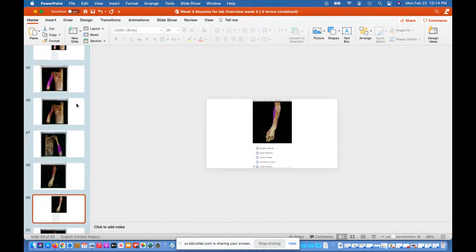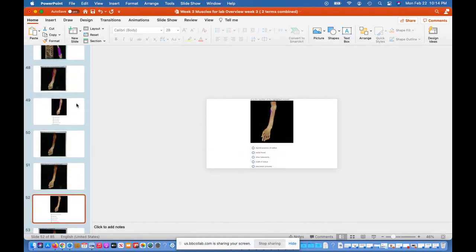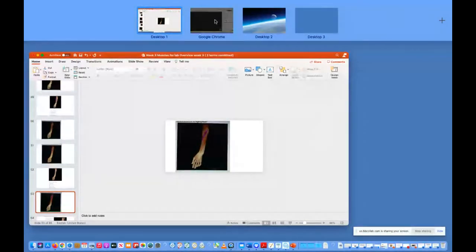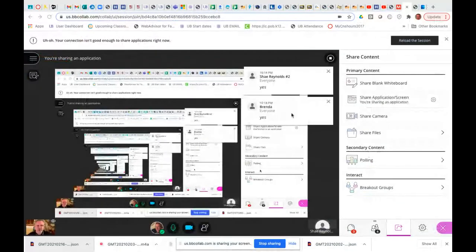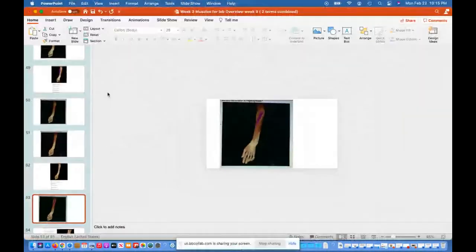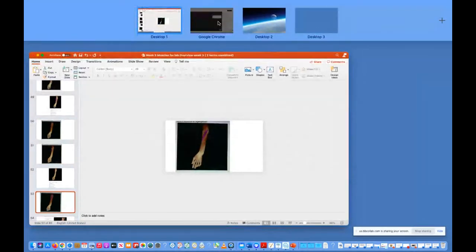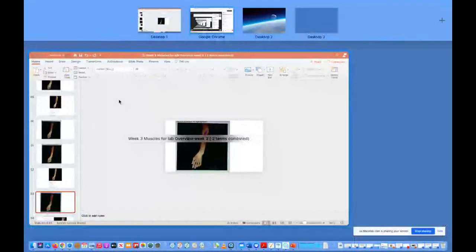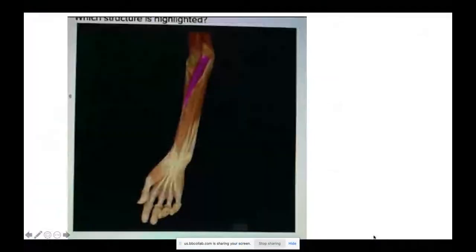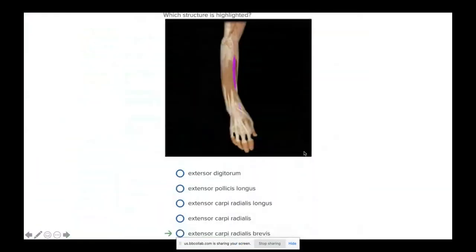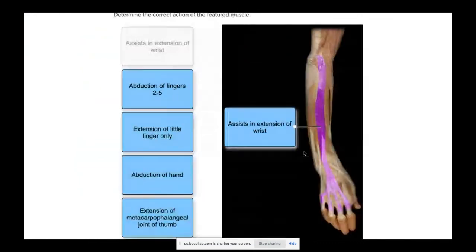Can you see my screen now? I'm just going to start where I left off, and hopefully it was just at your end and it recorded. Okay, you can still see my screen. Great. If you can't, unmute yourself because I can't see anything that you're texting at this point.